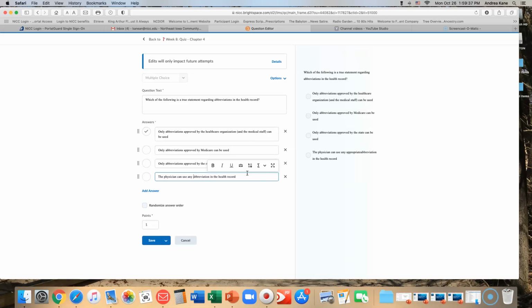And the state doesn't govern abbreviations. Medicare makes recommendations, but again, they aren't the ones who tell you what abbreviations you can use. They will tell you the ones you should not use and the unapproved list, but they can't tell you the only ones you can use in your record. So again, this one was in your book.